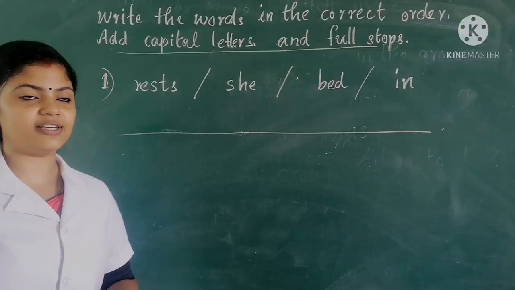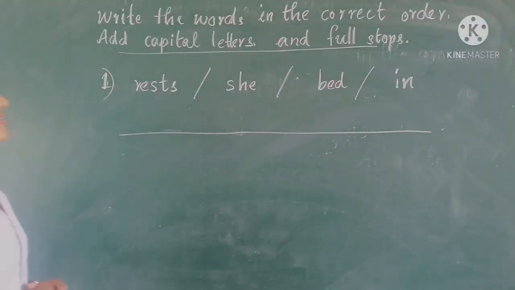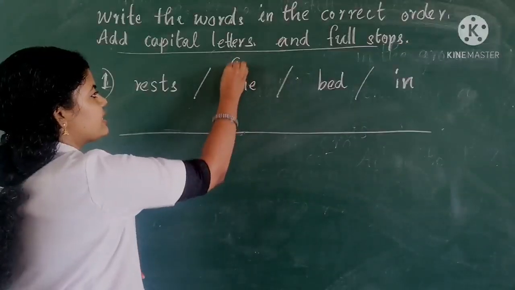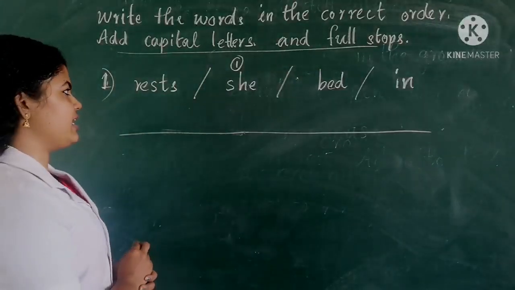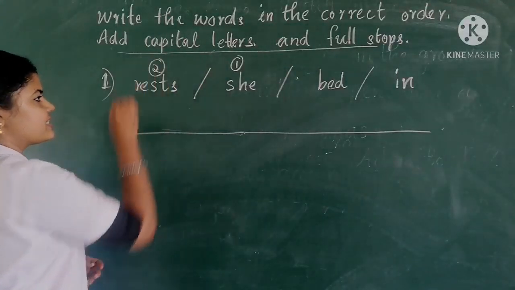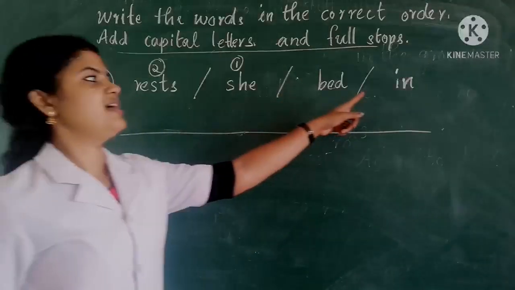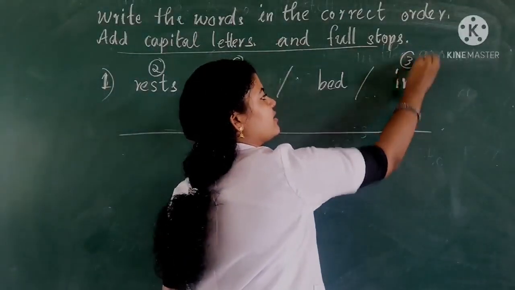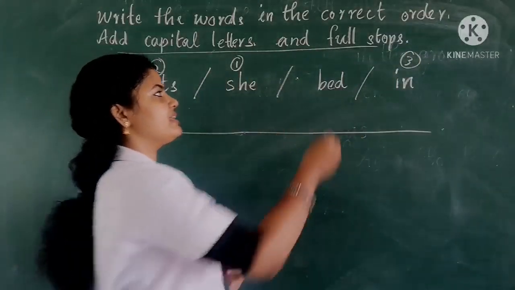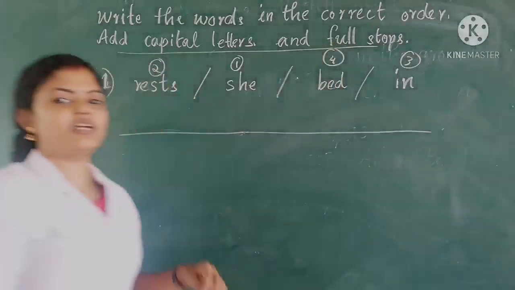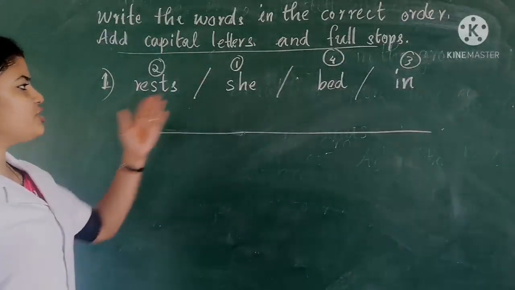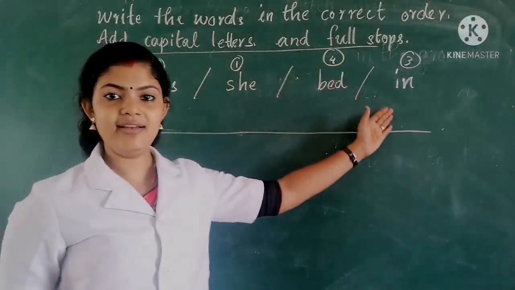What is the correct order? Yes, she. This is the first word, she. Second word is this, she rests. In, that is the third word. In bed, this is the fourth word. So what is the correct order? She rests in bed.